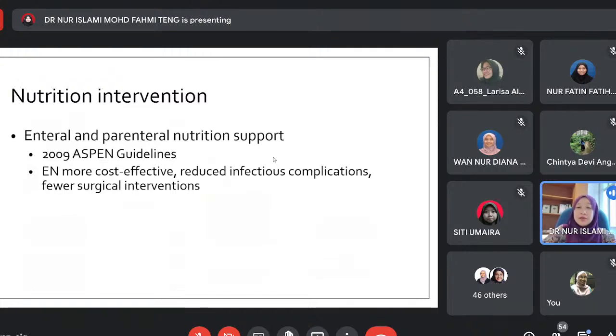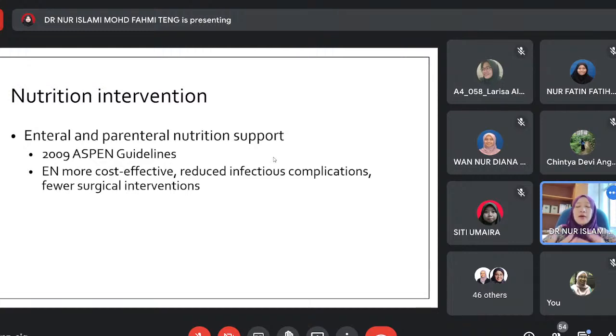However, we can refer to the 2009 ASPEN guideline. I think there's a latest one currently. This is regarding the route of administration for enteral and also parenteral nutrition support. So basically, if we compare EN and PN, EN is more cost effective, and it can reduce infectious complications and fewer surgical interventions as compared to parenteral nutrition.